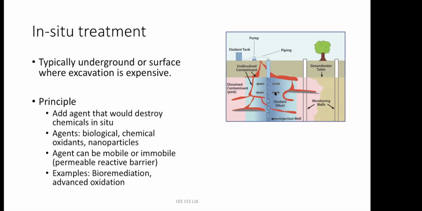So you have to add something which is not so reactive with the soil, but it stays long enough to react with the actual pollutant. So the oxidant you are looking for has to be dissolved in water, and it will be easy to distribute. And also it should not be so reactive that it starts reacting with the soil, so that it stays in water and keeps its reactivity for a long time.